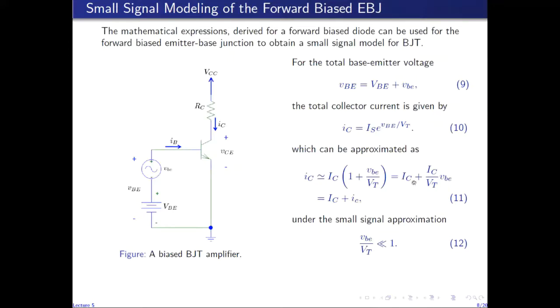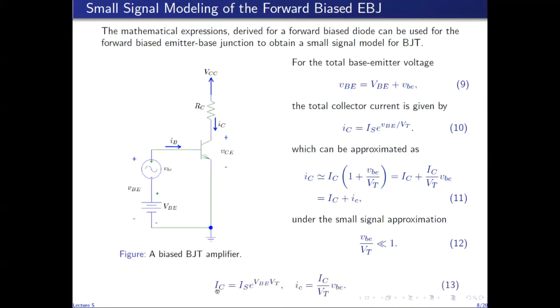It is the response of the transistor to the DC voltage VBE, and the second term, which depends on the small vbe, is the response of the transistor to the small vbe, and we denote it by small i subscript small c.